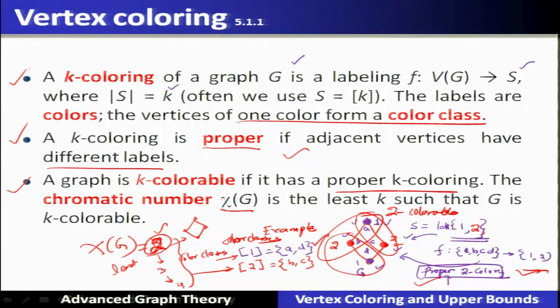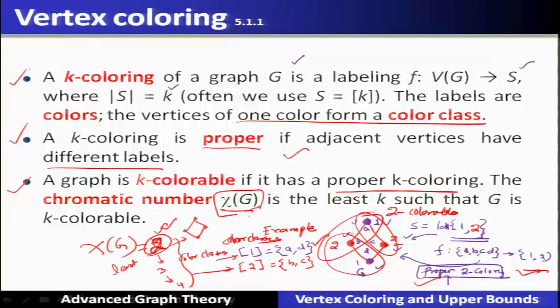Hence, the least value k such that this graph is k colorable becomes 2 in this example. So, a graph is k colorable if it has a proper k coloring. The chromatic number chi of G is the least k such that G is k colorable.